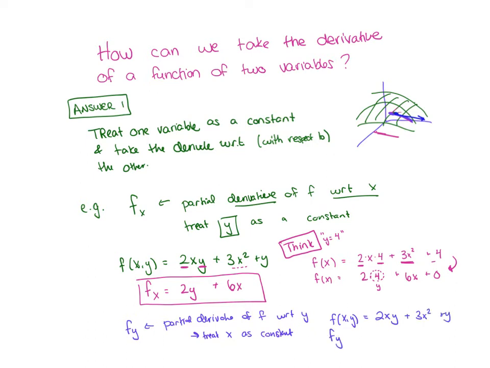The partial with respect to y, well, that 2x is just a constant times y, so that's what I get when I take the derivative of just y. Now 3x squared, this whole thing is a constant with respect to y, so that just becomes a 0 when I take the derivative, and the derivative of y with respect to y is just 1. So I just get 2x plus 1.